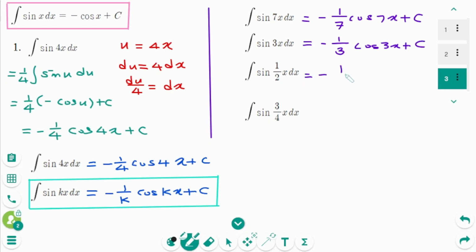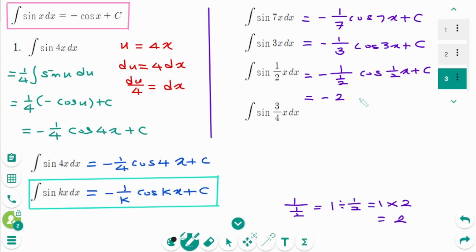Then minus 1 over 2 cosine 1 over 2 x plus c, that means minus the reciprocal of 1 over 2. 1 divided by 1 over 2 means 1 times the upside down number, which is 2. So 2 cosine 1 over 2 x plus c.